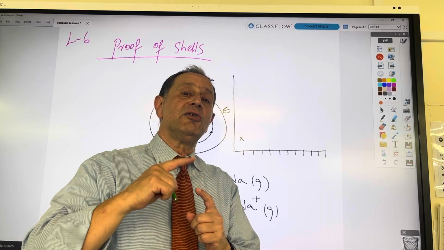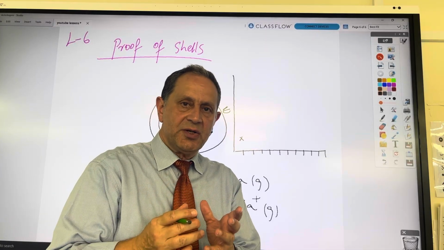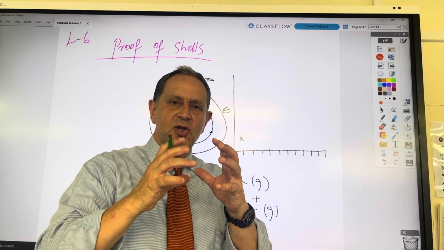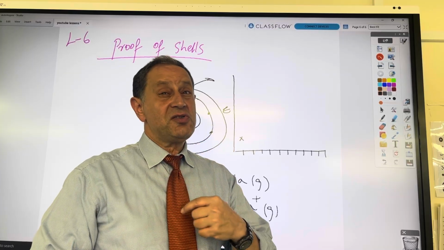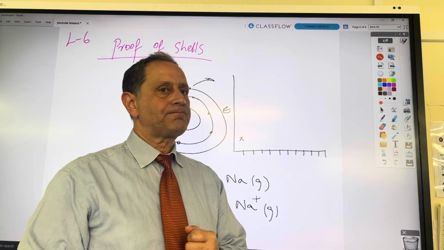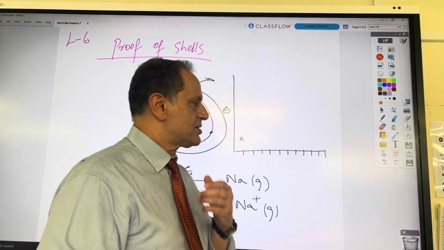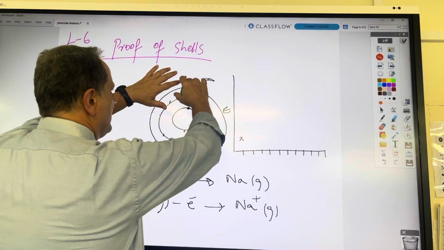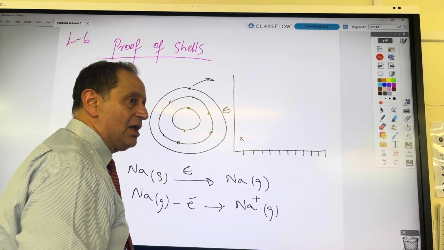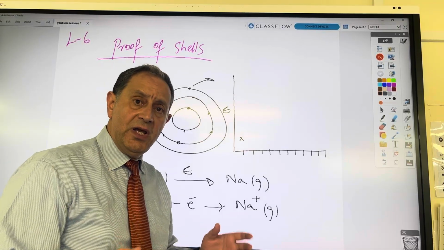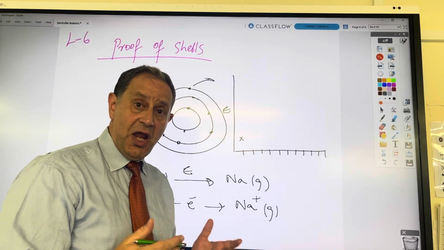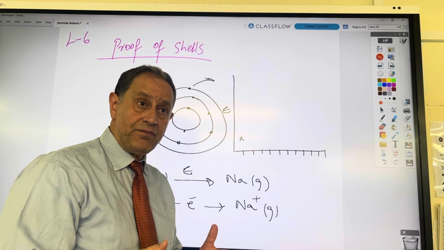Or rather, the ionic radius becomes smaller. If sodium was this big, sodium 1+ is this big, which means the remaining electrons are more closely held by the nucleus. Okay, so when we take that out, the next shell is complete, is full, is stable.